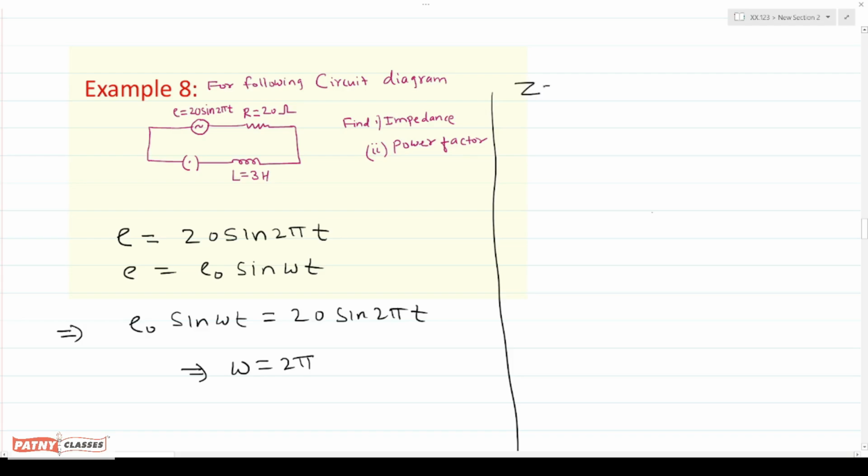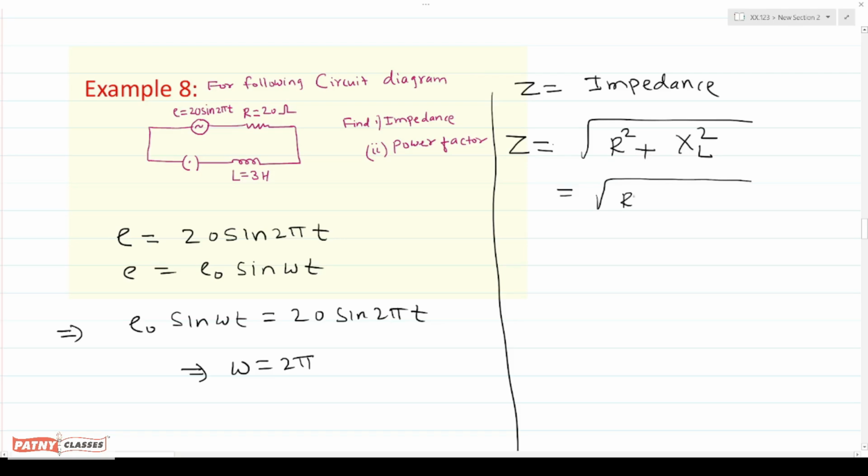Now impedance, Z equals under root of R square plus XL square, that is R square plus omega square L square. R value 20, so 20 square, omega value 2 pi square, L value 3 Henry, 3 square.